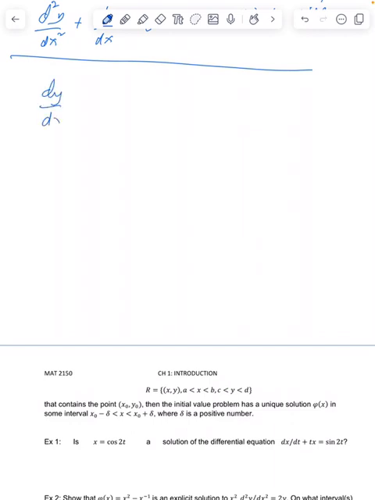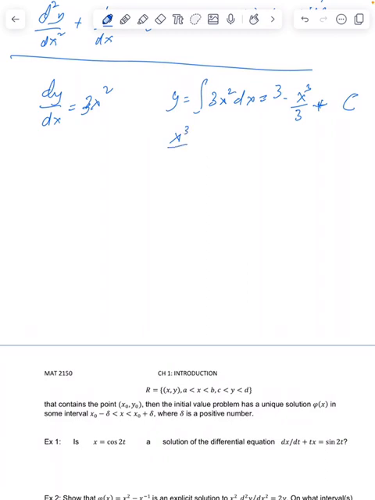Let's say we have the differential equation dy by dx equals 3x squared, and I want to solve this. So then what will I get? Well, y will be equal to the antiderivative of 3x squared dx, so it's just 3 times x cubed over 3 plus C. If you recall, we put a plus C.